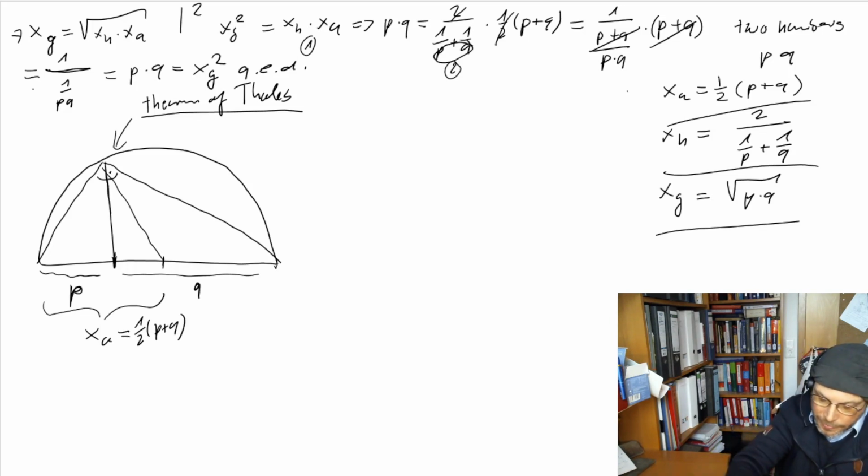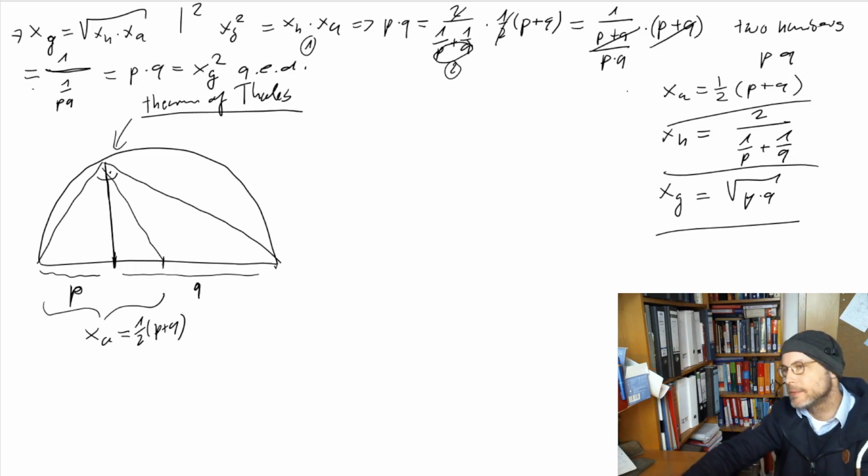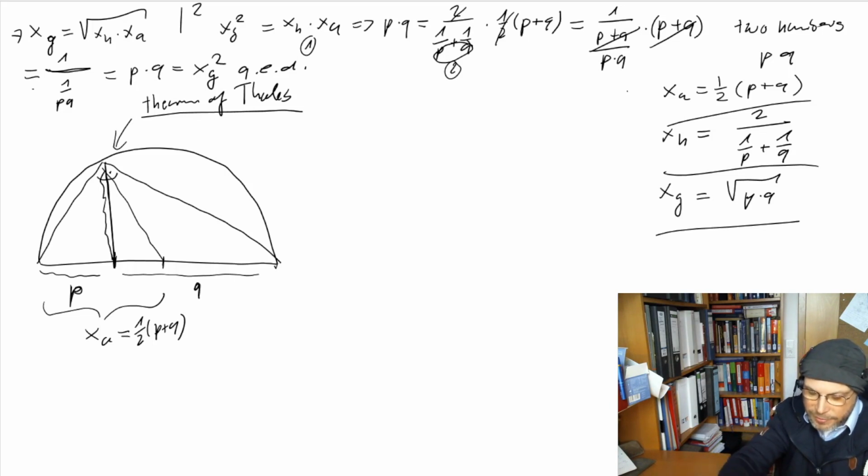So this is the height of our rectangular triangle. And from this, you also have done in your 9th class, the height of a rectangular triangle is just the parts of the hypotenuse, p times q.